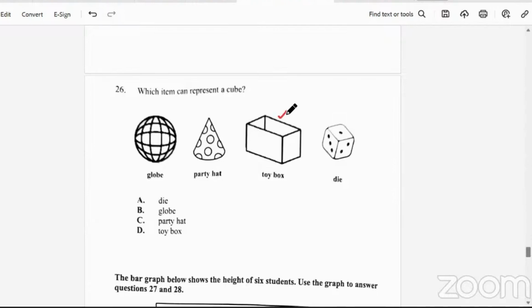This is a cuboid. It has rectangular faces, so this would not be a cube. This one is the cube, right? You see all the faces are squares. So the die would be the item that could represent a cube.